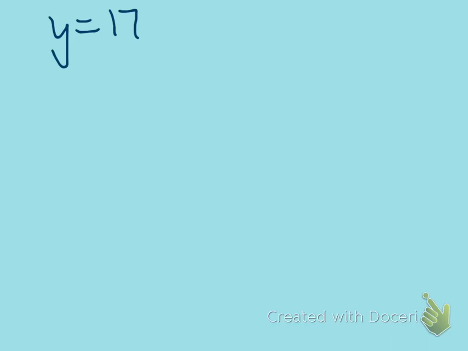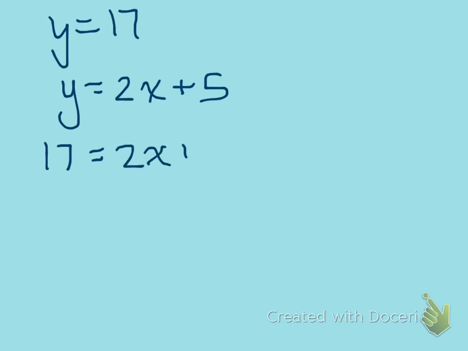Either one, doesn't matter. I'm just going to choose the first one. So the equation is y equals 2x plus 5. And I'm going to plug in 17 and then solve for x.